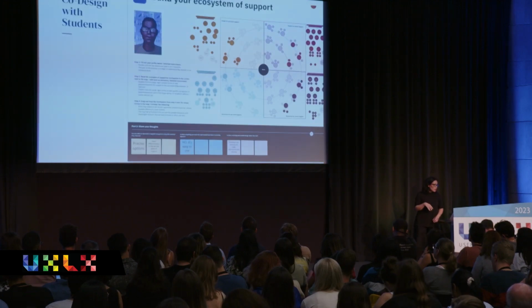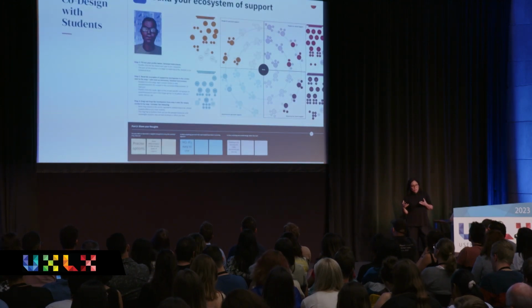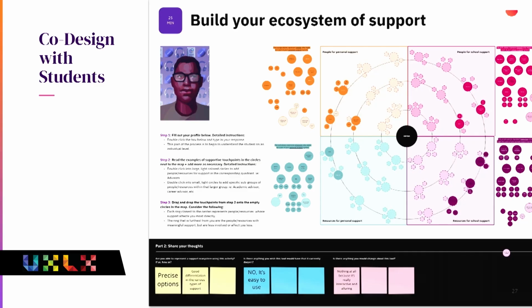And this meant engaging, in our practice, we don't call them research participants, we call them lived experts, because especially when we're trying to do the work of disrupting power imbalances between those who are making decisions and those who have very little decision-making power. So we conducted foundational research with students, but then we also had them engage in systems thinking exercises. So this is creating an ecosystem of who your supports are.